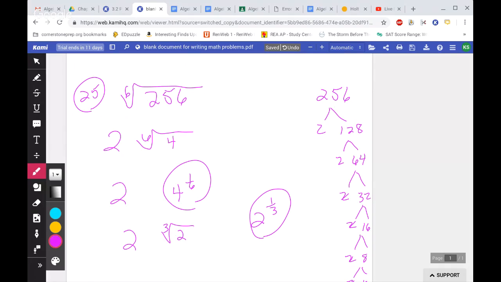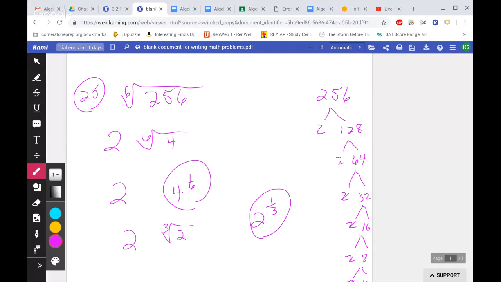Typically when it's even, like a 6, a 4, something like that in your root, and you have something that has a square root in it, like a 4, a 16, something like that, you know that it can be written smaller.